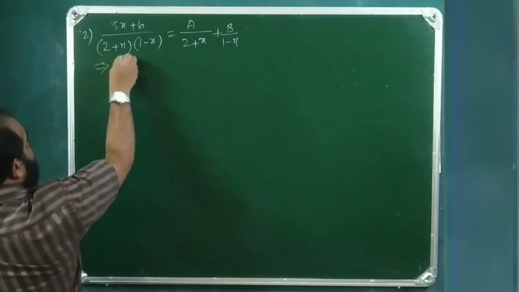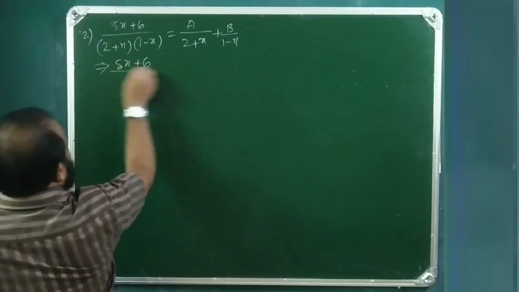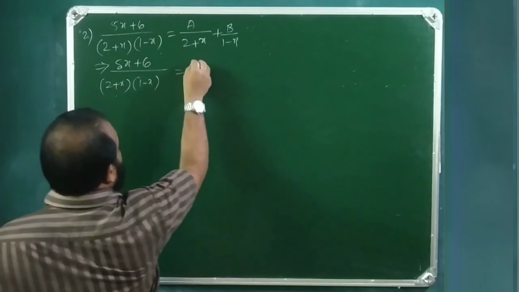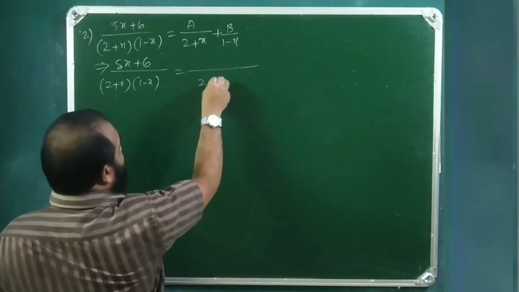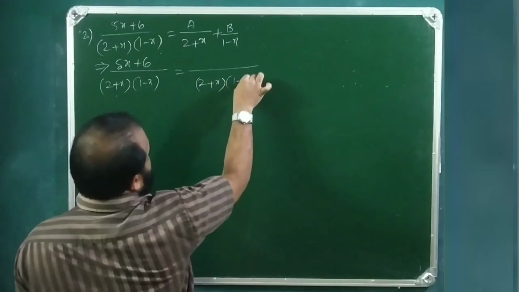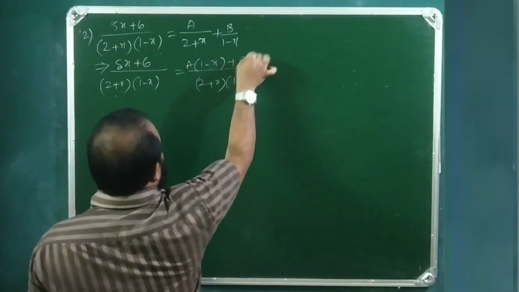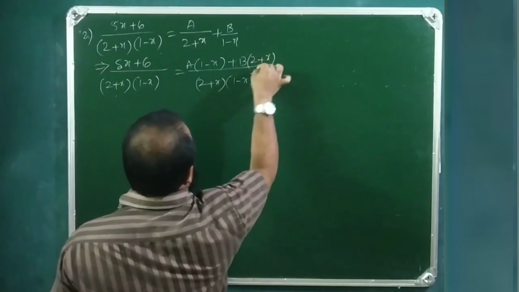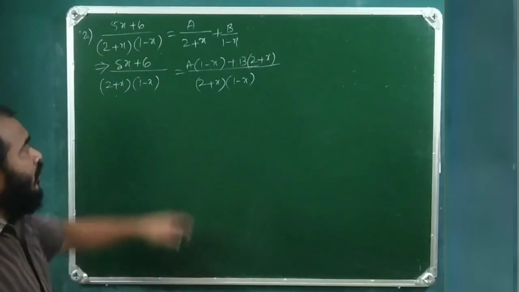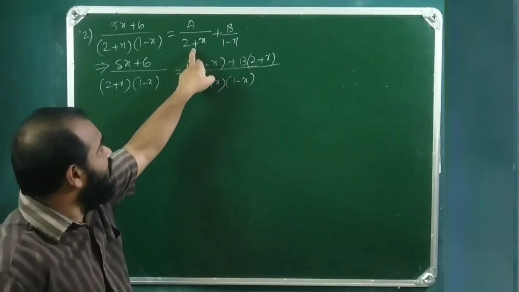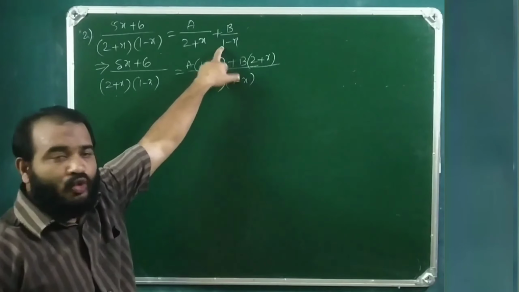So 5x plus 6 by (2 plus x) into (1 minus x) equals, LCM is (2 plus x) into (1 minus x), A into (1 minus x) plus B into (2 plus x). So here 2 plus x and 1 minus x are the linear factors. So x equals minus 2 and x equals 1 are the roots.